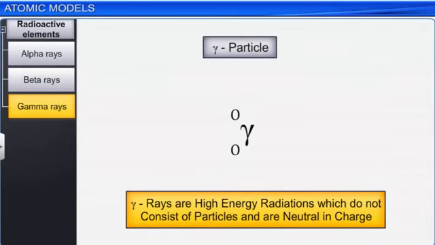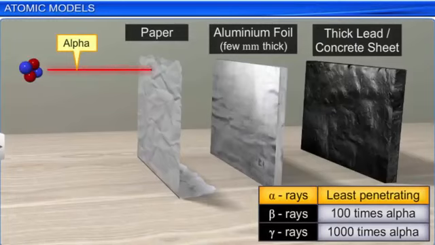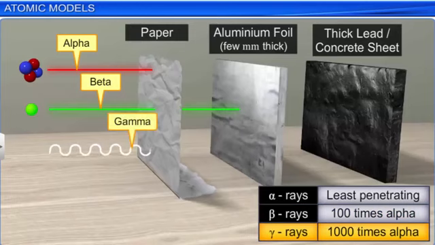Unlike alpha and beta rays, gamma rays do not contain particles and are neutral in nature. The alpha particles have the least penetrating power among the three. The penetrating power of beta particles is nearly 100 times, and the penetrating power of gamma rays is 1000 times more than that of the alpha particles.